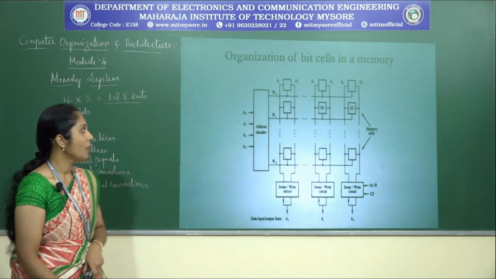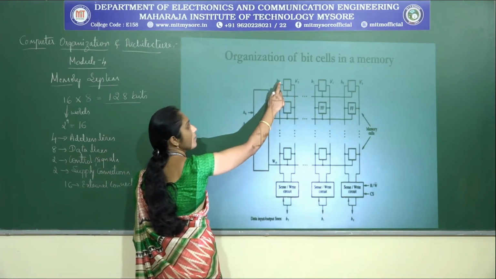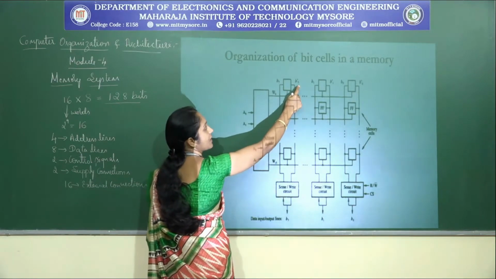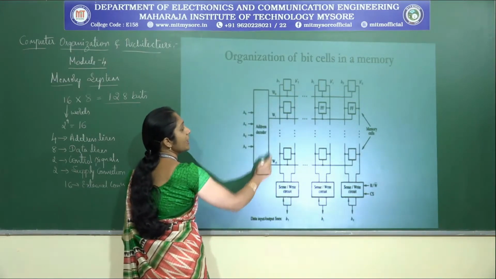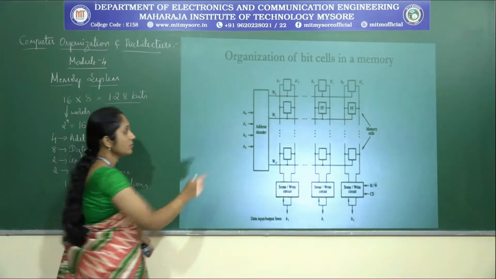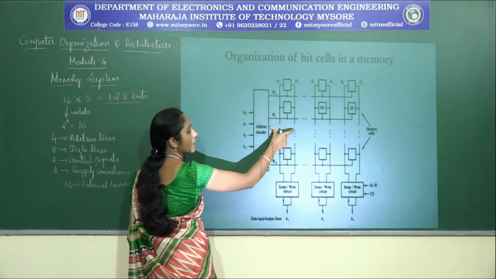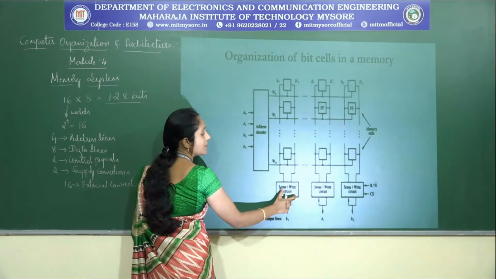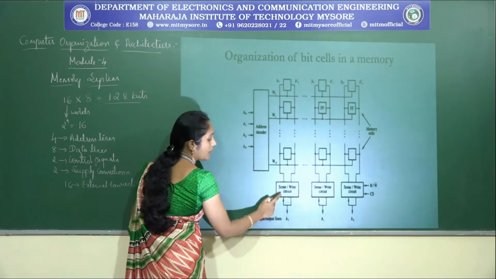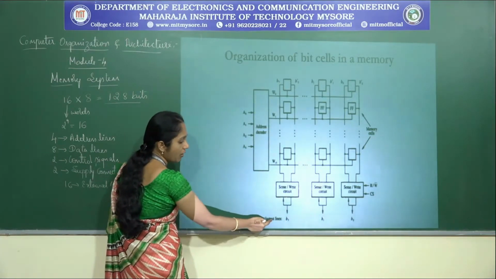Now if you observe, we have both the bit B7 as well as its complement. Depending on whether it is a read operation or write operation, this circuit will decide, copy that particular bit and connect it to the data input or output lines.